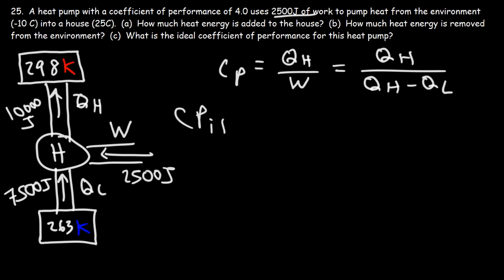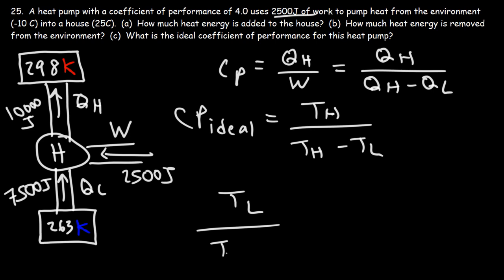The ideal coefficient of performance is not based on Q, but it's based on T. So similar to what we see here, it's going to be TH over TH minus TL. In the last example, the ideal coefficient of performance for a refrigerator was TL over TH minus TL. So note the difference between these two.